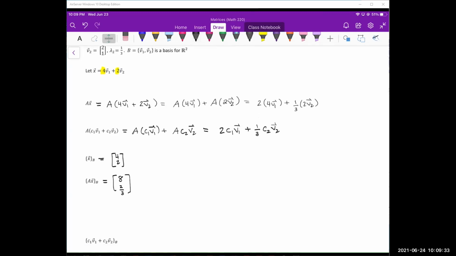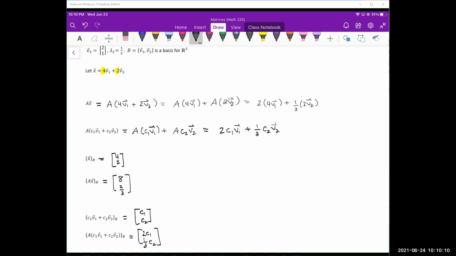And more generally, v1, v2 form a basis for R2, so every vector can be written in terms of these. These weights are c1, c2. And when we look at A times c1 v1 plus c2 v2, what did we see? We saw 2 times c1, and then 1/3 times c2.